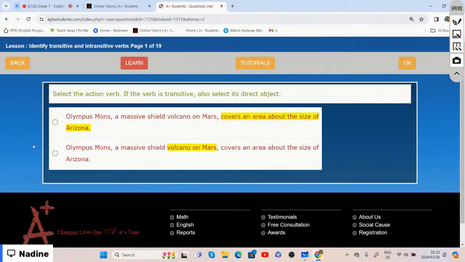So the action verb says Olympus Mons, a massive shield volcano on Mars, covers an area about the size of Arizona. Or is it just volcano on Mars? So they're saying we need to select the action verb.